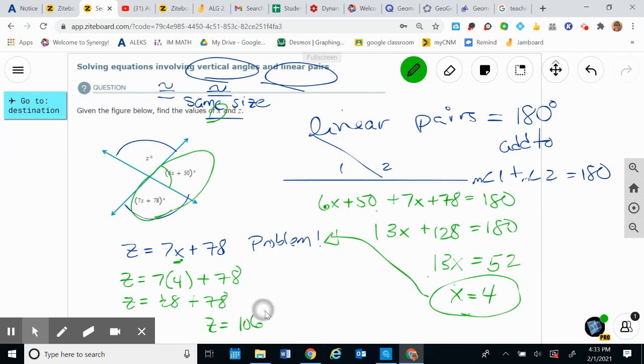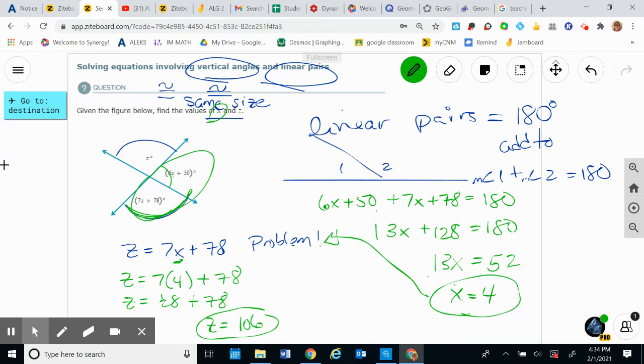Now you might think, oh, I got this wrong because it doesn't add up to 180. But remember, we are not solving for this angle. It didn't ask us what this angle was. If they had, we could have plugged in x here. This angle would be 7x plus 78, and this one is 6x plus 50.